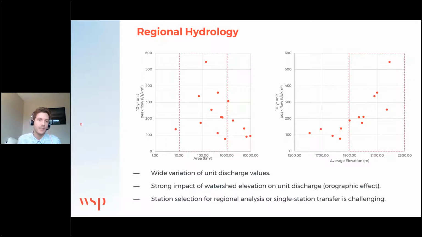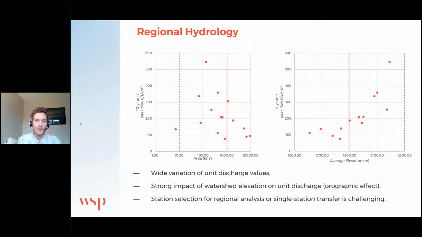The first thing we looked at is the published 10-year flood event that we divided by the watershed area just to have unit discharge, and we plotted that against the area just to see if there's any kind of trend between the watershed area and the unit discharge. And we can see that there's no clear trend. The data is really scattered. And in the park, most of the watersheds have an area between 10 and 1,000 square kilometers. So looking at this, it's really hard to pick individual stations to do a regional analysis.